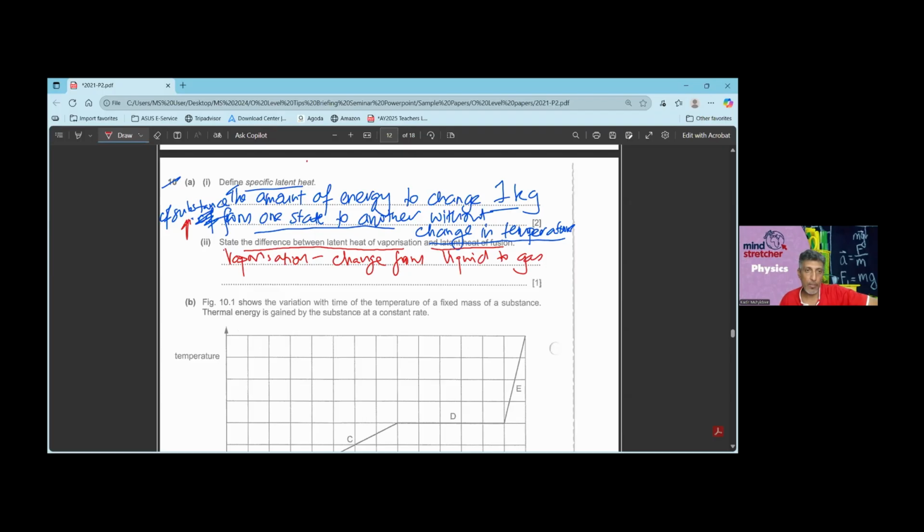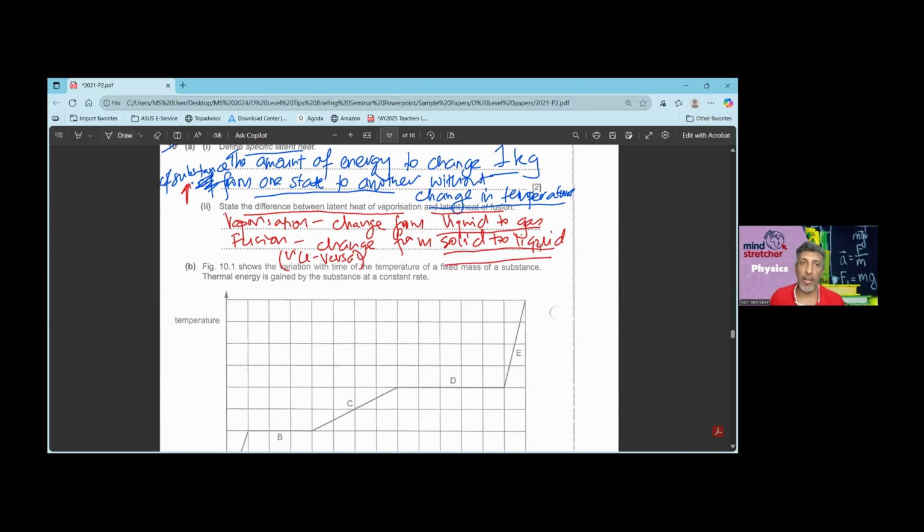Fusion involves change from solid to liquid. Of course, it can be the other way around, but vaporization is liquid to gas, fusion is solid to liquid. These are things that you actually learn from lower secondary, right?